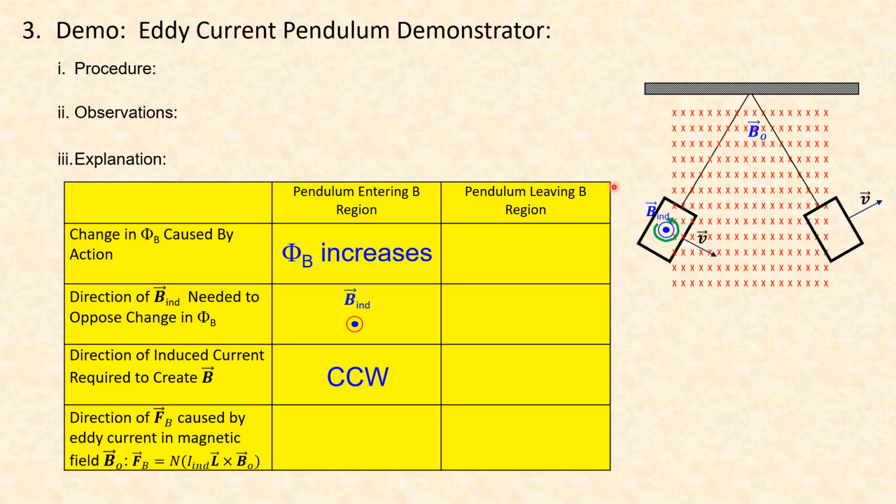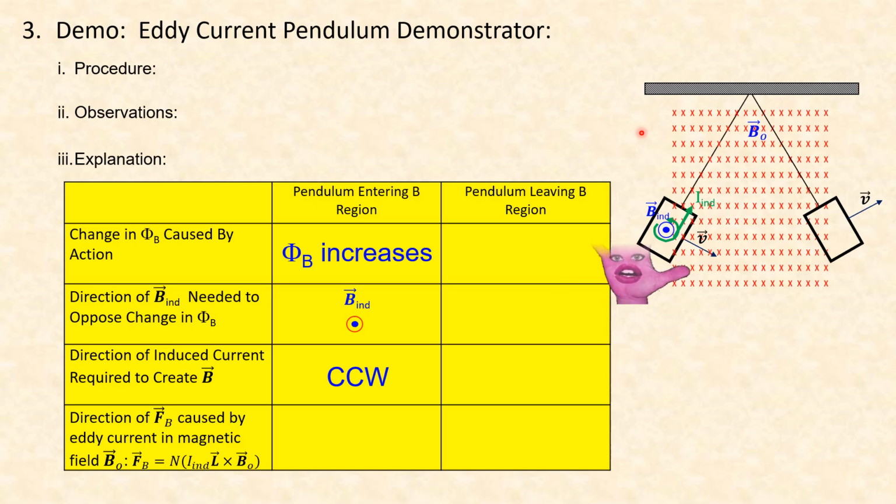Now, when we look at how this counterclockwise eddy current interacts with the original magnetic field, not the induced magnetic field, but the very strong original magnetic field, we can think of that current in a magnetic field as giving rise to a magnetic force. The direction of that induced current in the region where the pendulum enters the field is in the direction I show you right here.